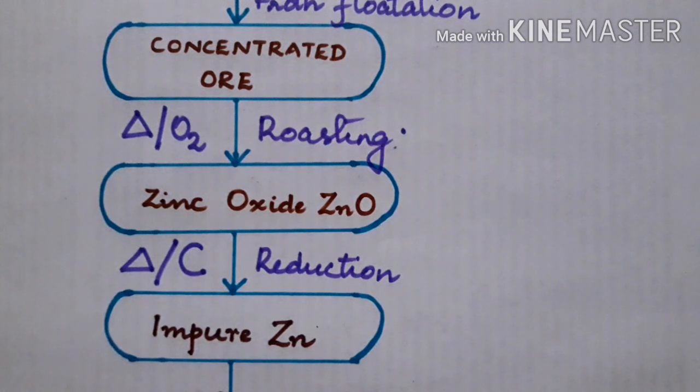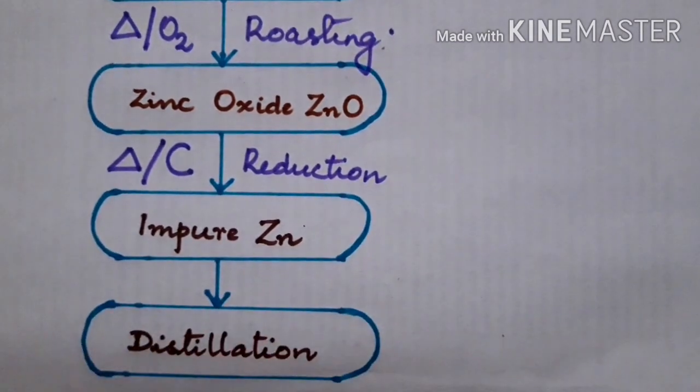So we use the method called distillation to purify zinc, where zinc with its low melting point is heated in a round bottom flask and the vapors are collected to get pure zinc.